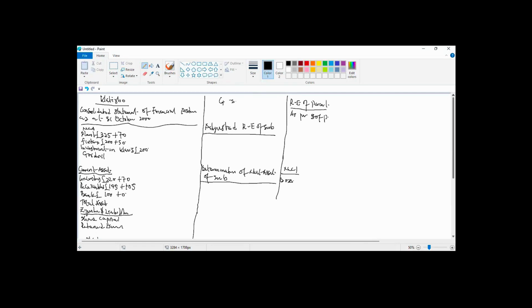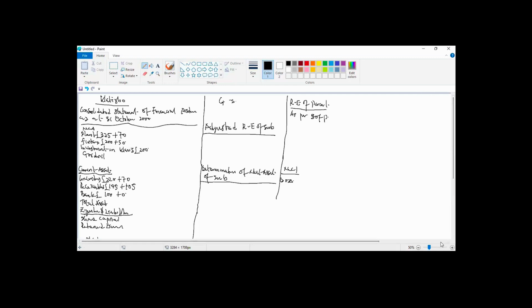Very simple. I've opened my working sheets. Additional information A: Watimabo acquired 70% of the issued share capital of Warisi 4 years ago. Good.